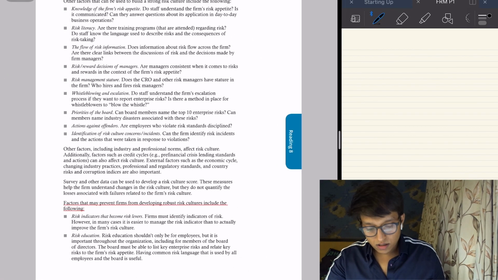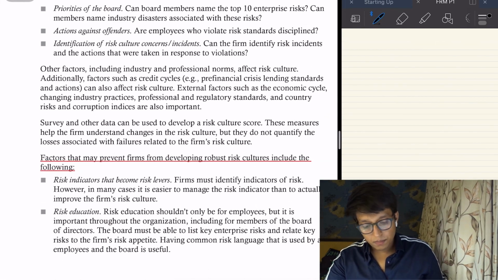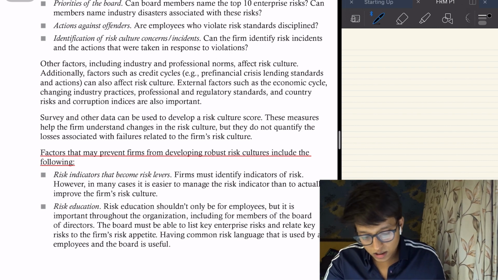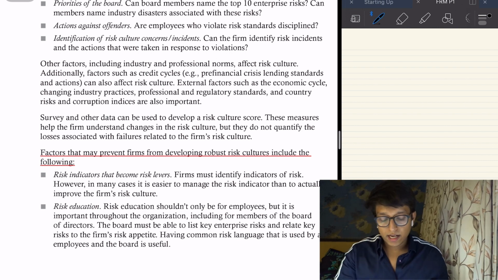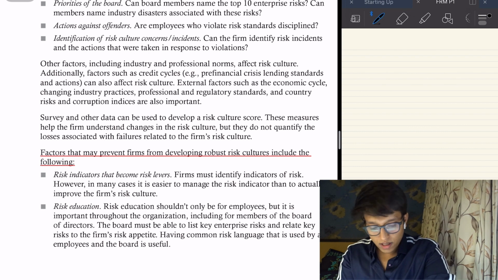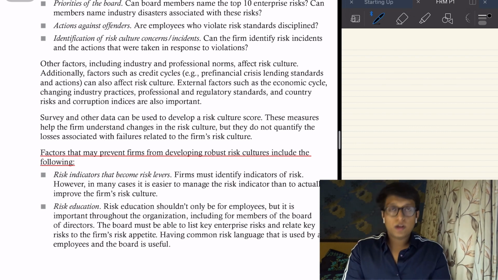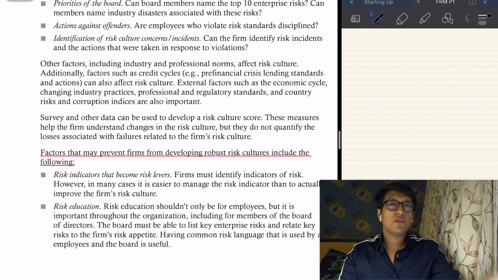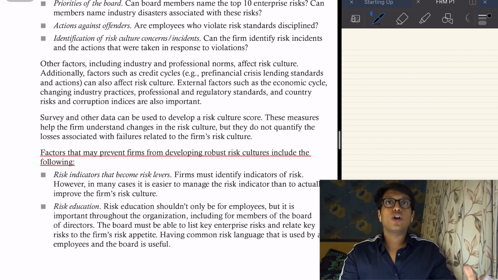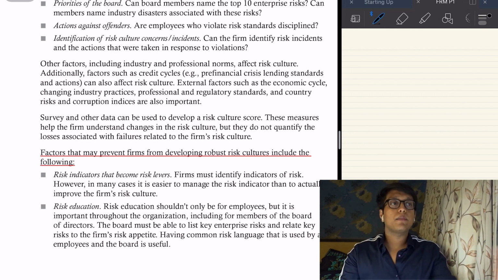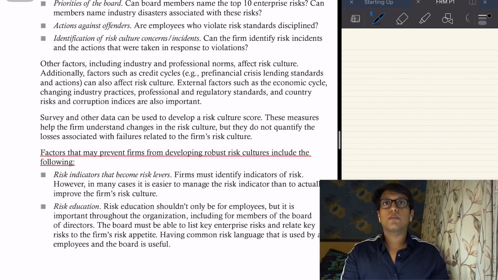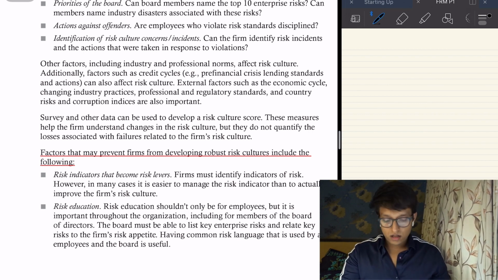So that was about risk culture. Factors that may prevent the firm from developing a robust risk culture: first, risk indicators become risk levels. In many cases, if you're managing someone too much, not letting them rise up, not letting them take any risks, striking them down with everything, they might be inclined to not perform that well.